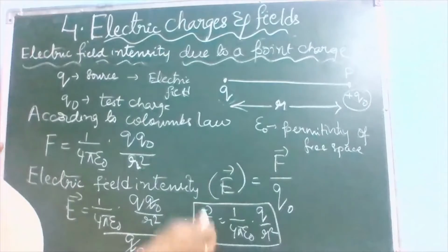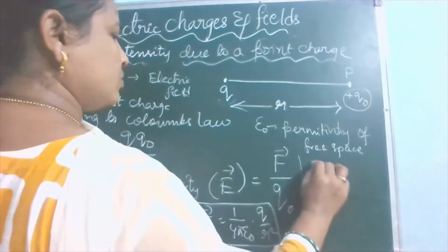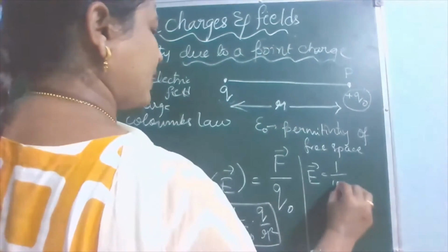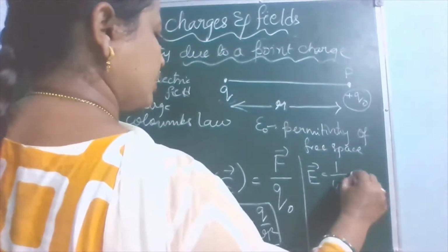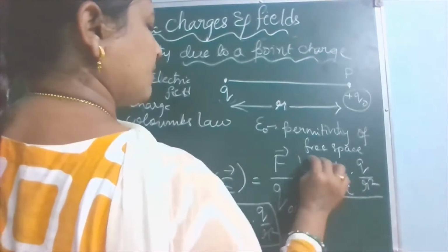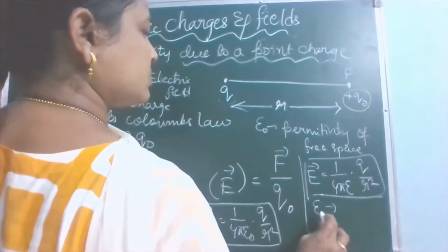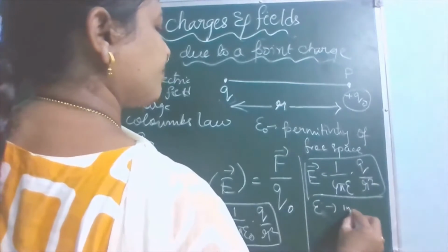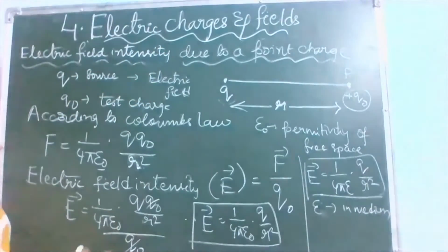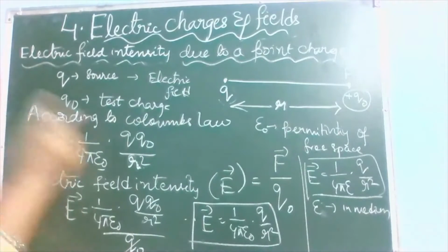If it is in a medium, then the electric field intensity E equals 1 by 4 pi epsilon into Q by R square, where epsilon is the permittivity of the given medium. Electric field intensity is a vector quantity.